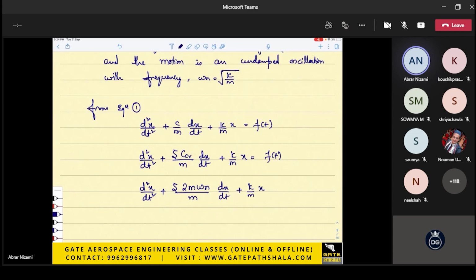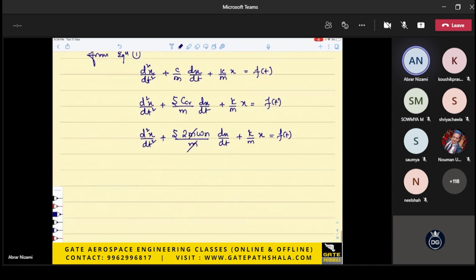Strike out the masses from the numerator and denominator.